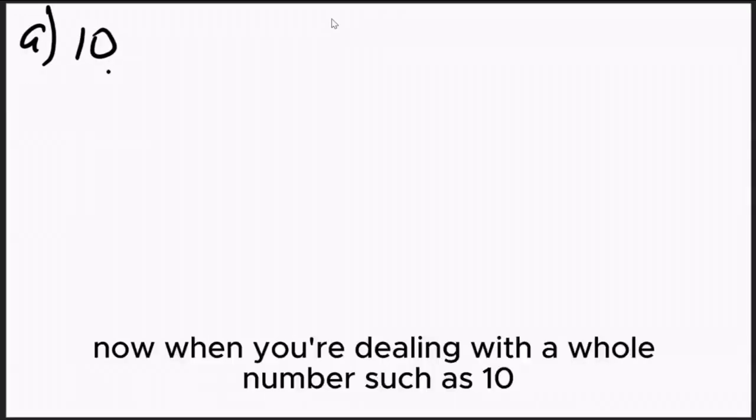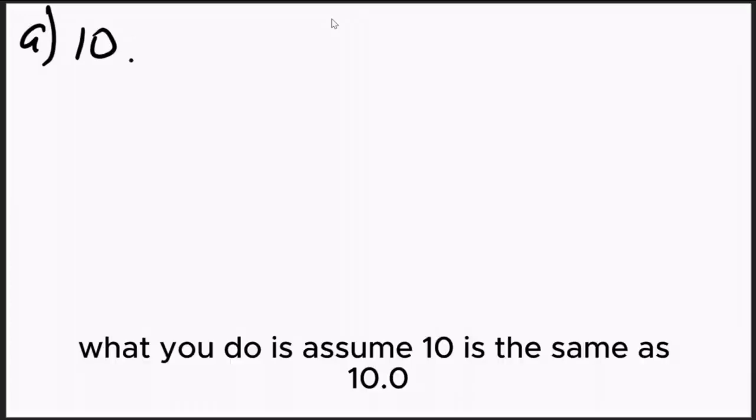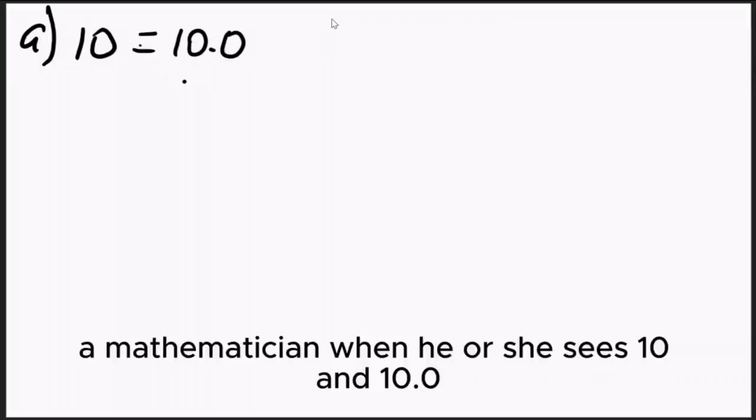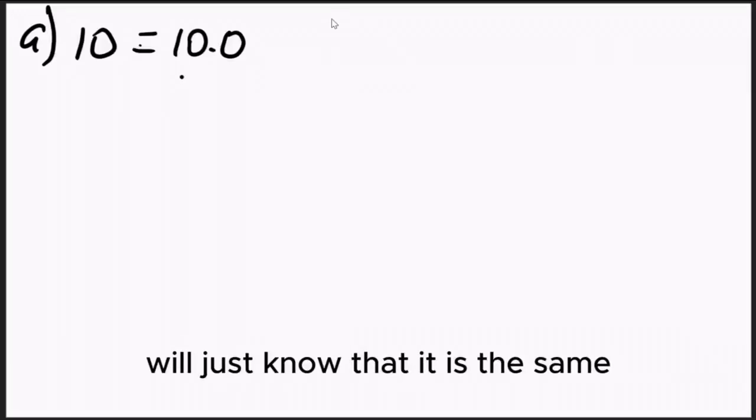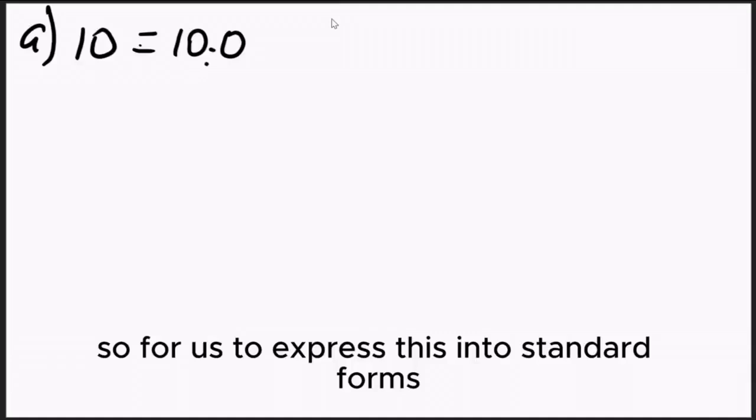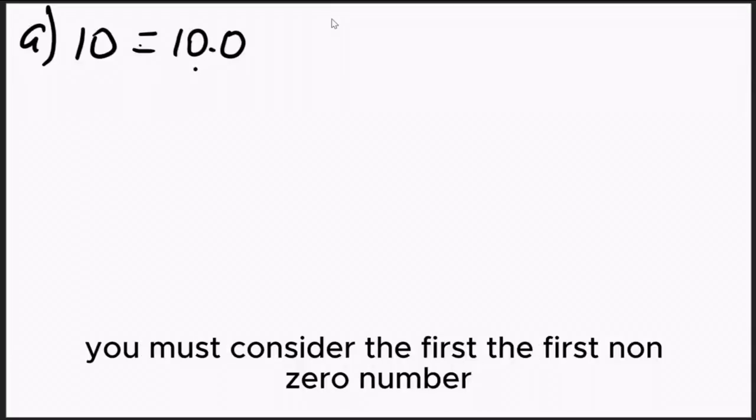Now when you are dealing with a whole number such as 10, what you do is assume 10 is the same as 10.0. A mathematician, when he or she sees 10 and 10.0, will just know that it is the same.